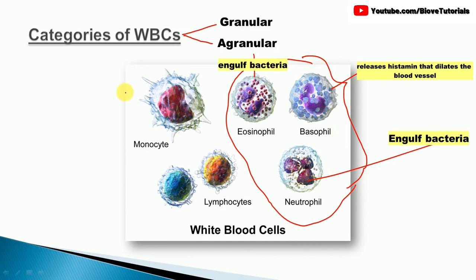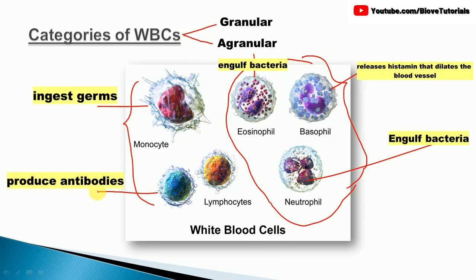Now let us see agranular. Agranular are divided into two categories, monocyte and lymphocyte. The function of monocyte is to ingest germs; they also engulf some foreign substances. And the function of lymphocyte is to produce antibodies. Antibodies are produced by WBC in response to some foreign substance.